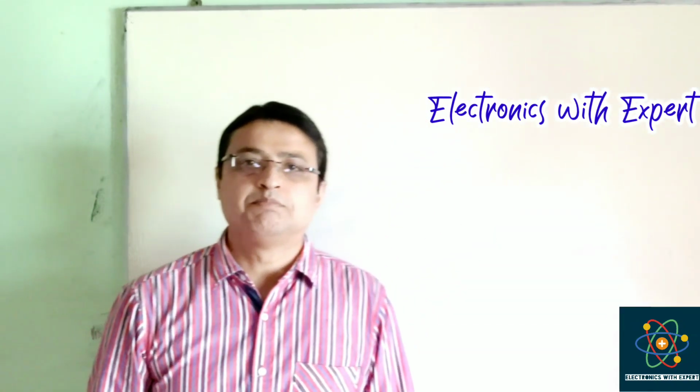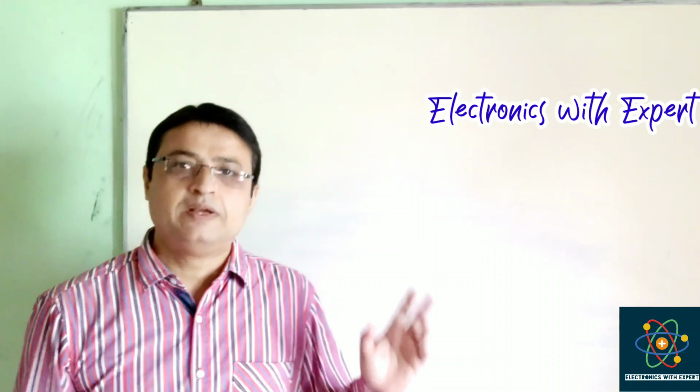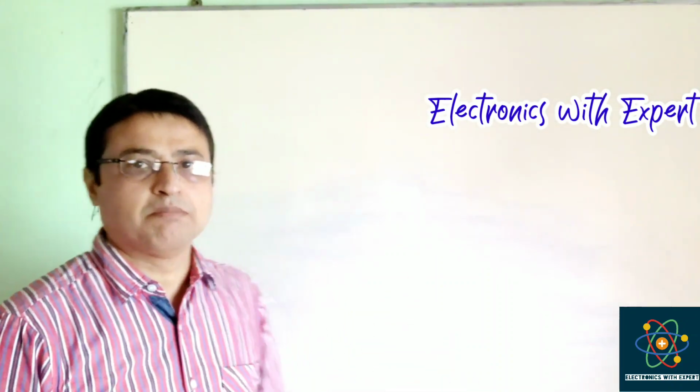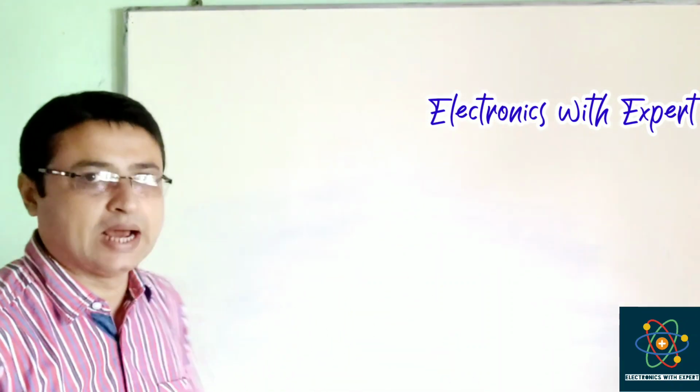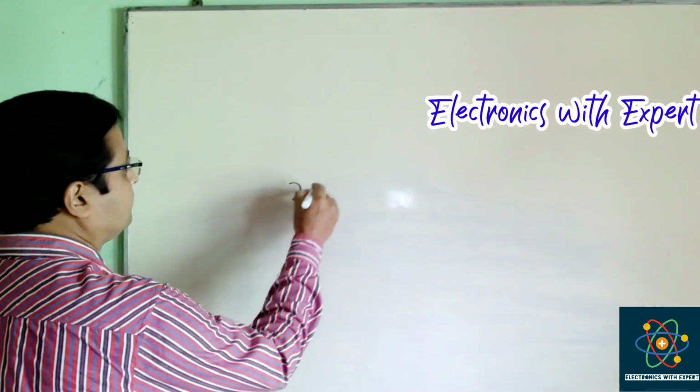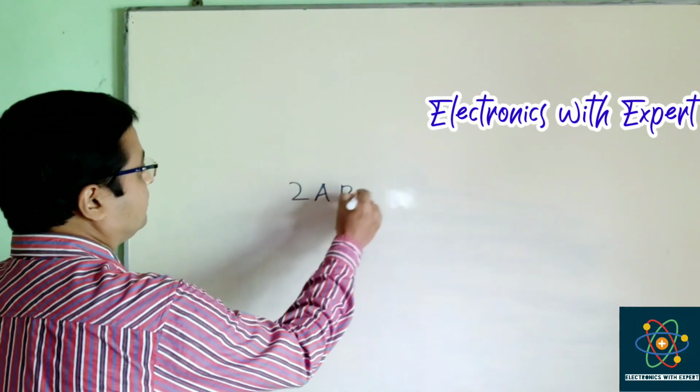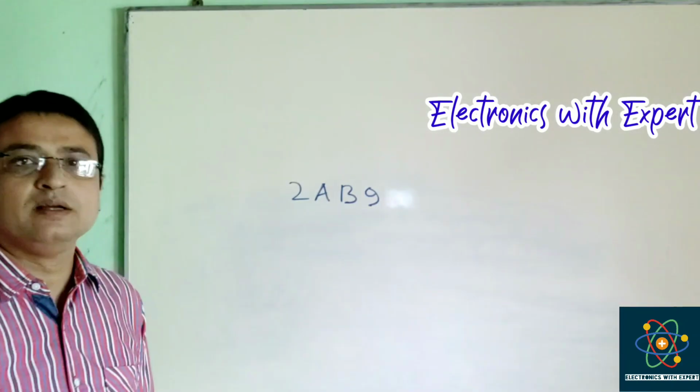Now for an example, let us convert the previous integer part of the number, that is 2AB9, by using this technique.